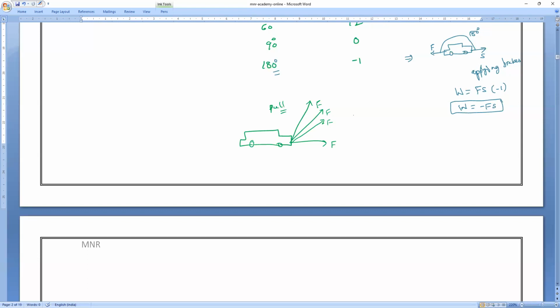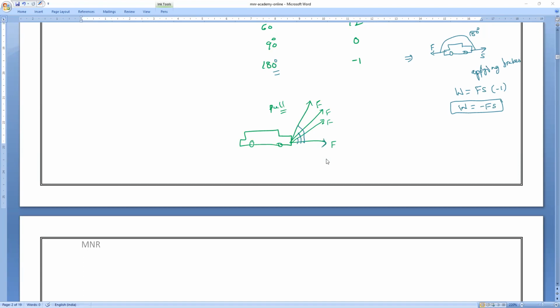Because the angle differs, definitely the total work done also differs. So when the force acts horizontal to the surface, we can use the normal formula F into S, or else you can write F s cos theta also. Theta is equal to 0, and cos 0 is 1.